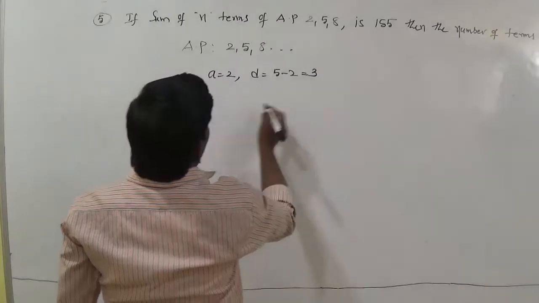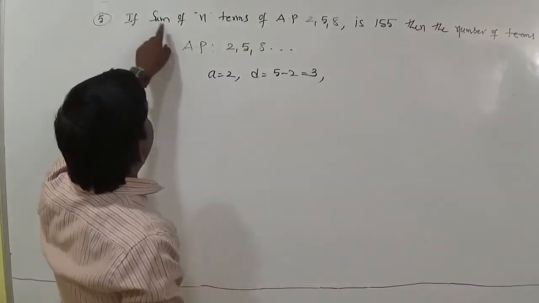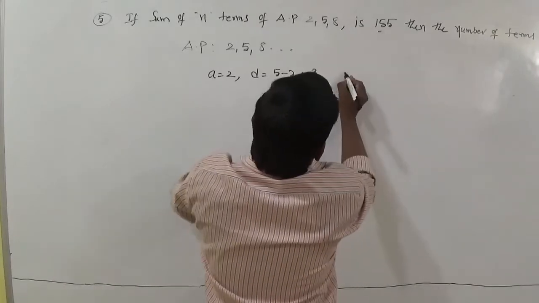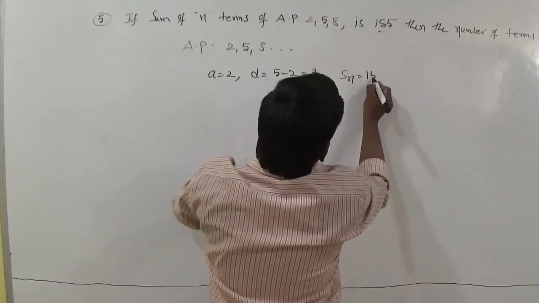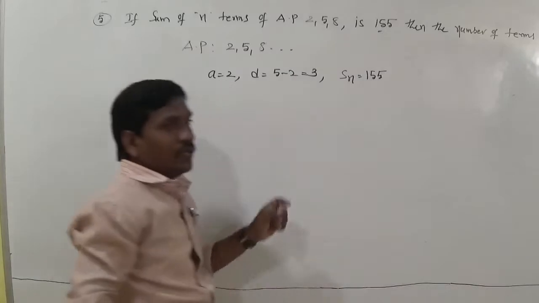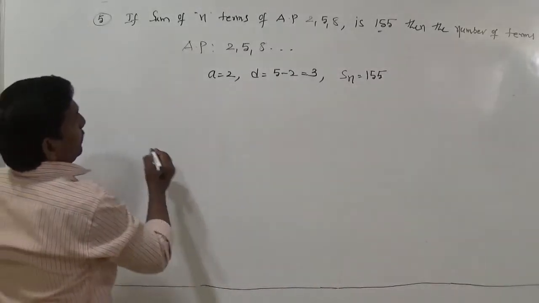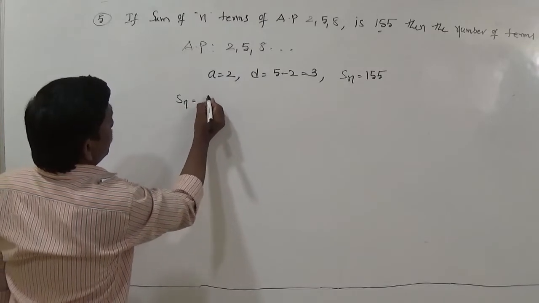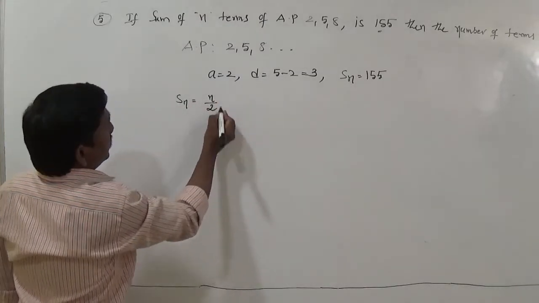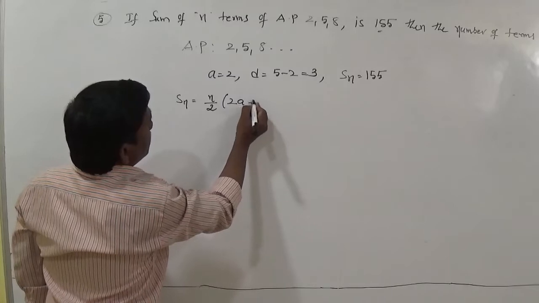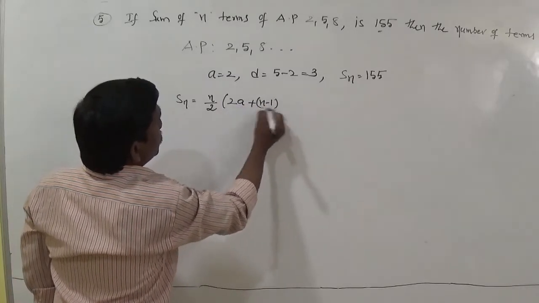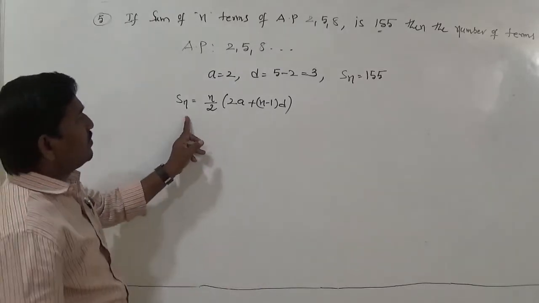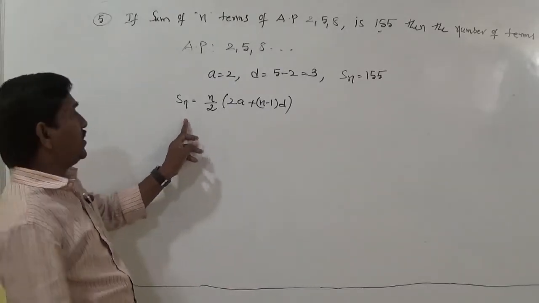And the other information is that the sum of n terms of the AP is 155. That means Sn equal to 155. We have a formula Sn equal to n by 2 into (2a plus (n minus 1) into d). That is the formula. So substitute the values in that formula.